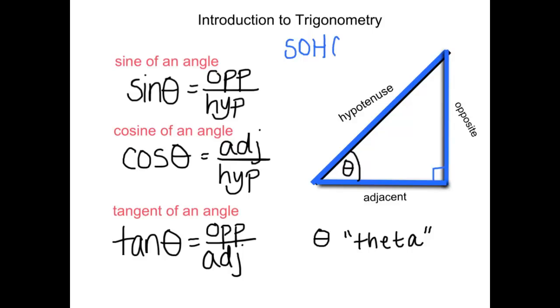The cosine of an angle is equal to the adjacent side over the hypotenuse, CAH. The tangent of an angle is equal to the opposite side over the adjacent side, TOA. SOHCAHTOA is a made-up word that helps us remember the ratios. So you'll hear me say that, and I'm pretty sure I actually have it written on the next slide for our example.